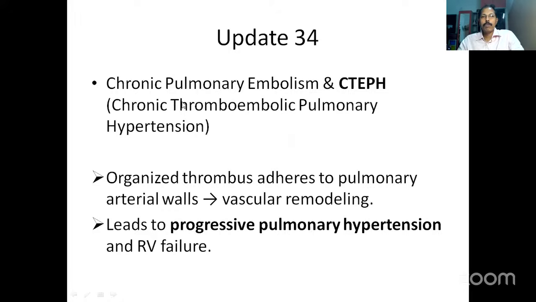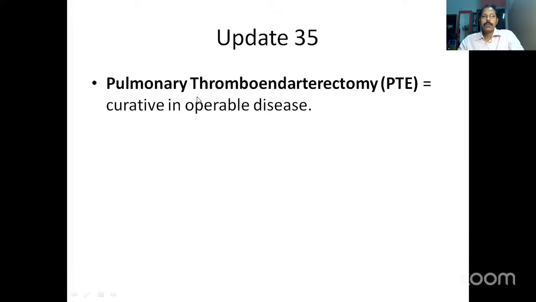And the next update about the chronic pulmonary embolism is popularly called CTEPH, and it occurs because of the organized thrombus adherent to the pulmonary wall that causes vascular remodeling, and that leads to progressive pulmonary artery hypertension and RV failure. So what is the procedure? The name is pulmonary thromboendarterectomy, and it is curative in operable disease.